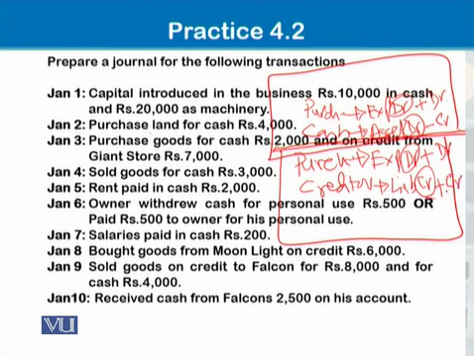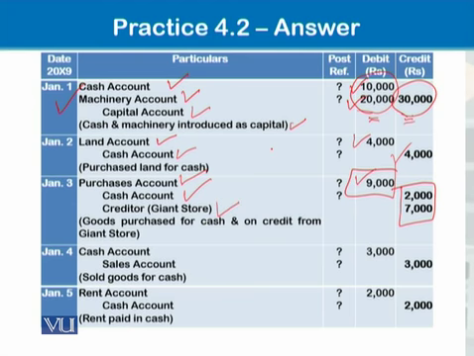Since purchase is a common accounting head, we combine it. The compound accounting entry would be purchases account debit with its total 9,000, and cash is being credited with 2,000 and creditors with 7,000.